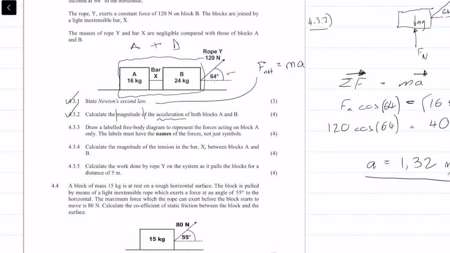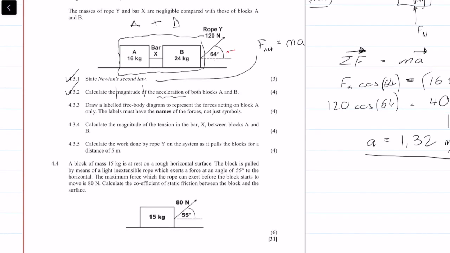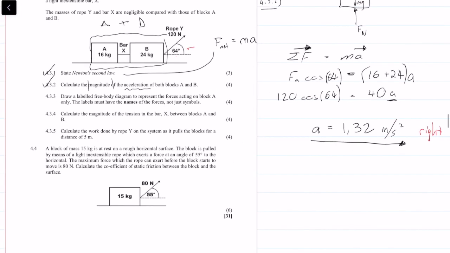Then it says draw a free body diagram to represent the forces acting on block A only. The labels must have the names of the forces, not just symbols. So this is 4.3.3.